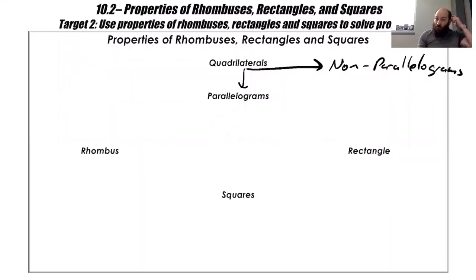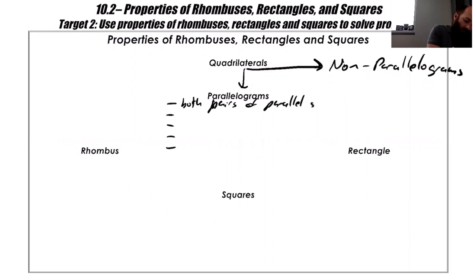So we've already talked about the parallelograms. As a recap, those have 5 special properties to them. They have both pairs of parallel sides. Both pairs of opposite congruent sides.